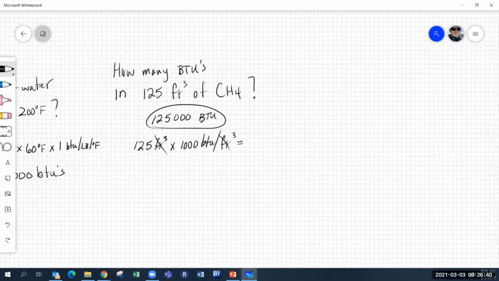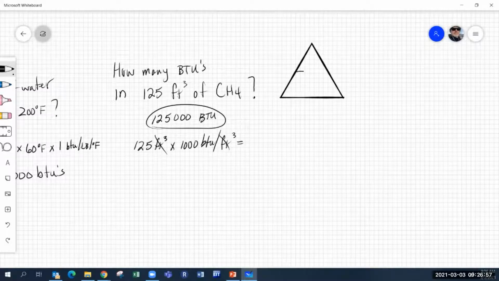Okay. We got that. Okay. So here's a new formula. Well, it's not new, but this is our efficiency, where output divided by input would be my percent efficiency.